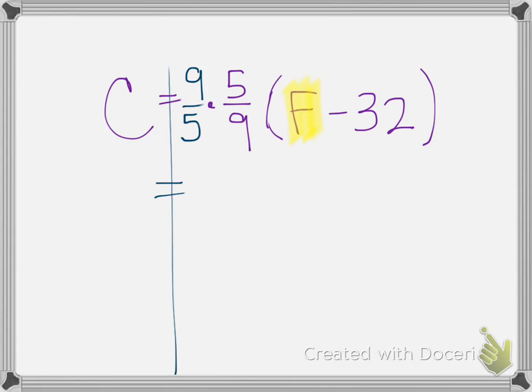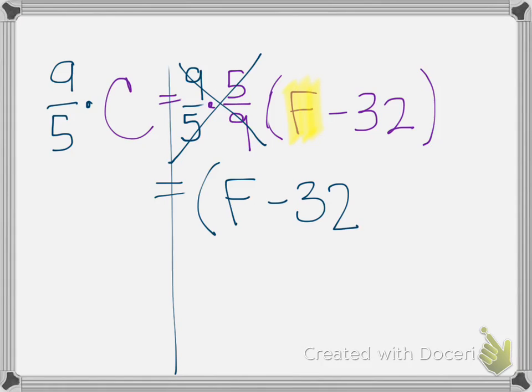And if we times by 9/5 on both sides, then we have 9 over 9 is 1, 5 over 5 is 1, and now we're already left with f minus 32, which is really nice to just get it over with, get it out of the way.